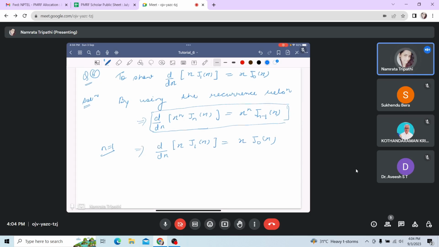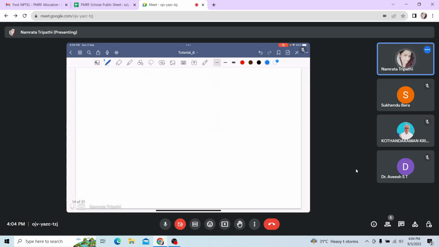Again, the next question is quite similar. The question says, show that d by dx of z naught of x is equal to minus z1. Now tell me which recurrence relation we'll use in this question.